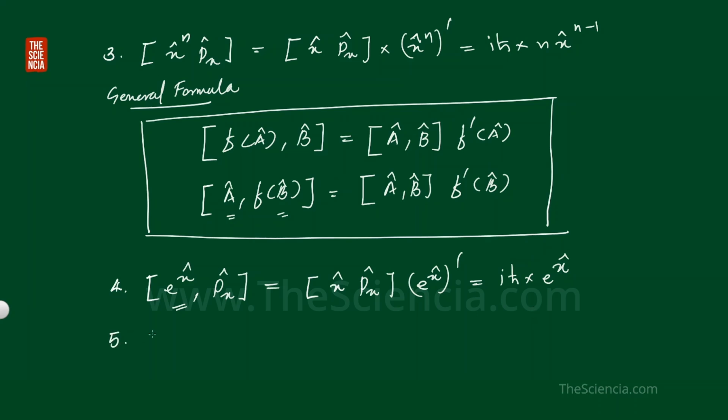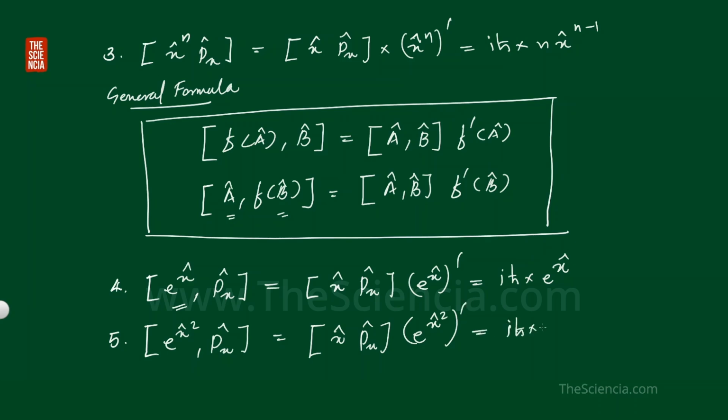Another example: commutator bracket of e raised to x cap square, px cap. That is equal to, again, x cap px cap into the derivative of e raised to x cap square. That is equal to i h cross into the derivative of this function, which is e raised to x cap square into 2x cap.